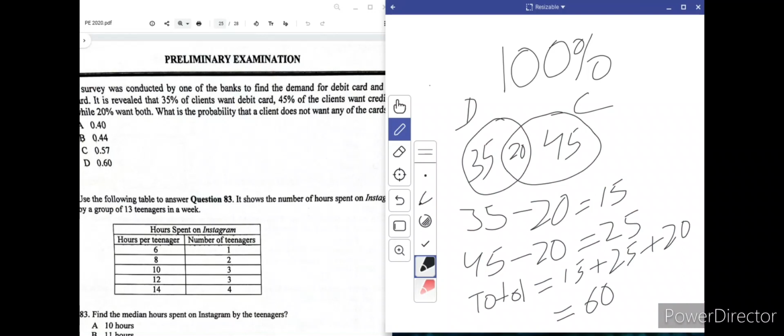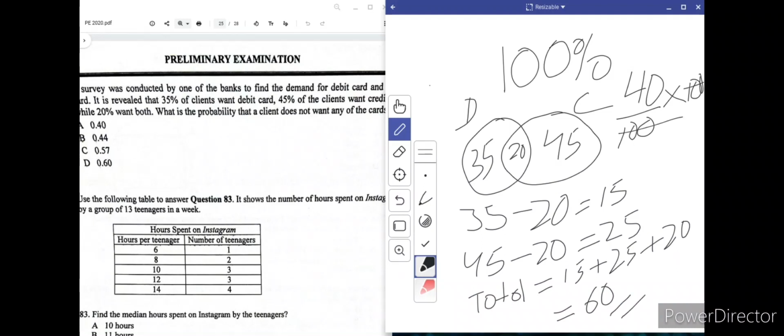So 60% of the people want a card. That means out of 100, 60 want a card, which means 40 don't want any card. 40 out of the total outcome, 100, times 100, because we need to answer in percentage, we multiply with 100.